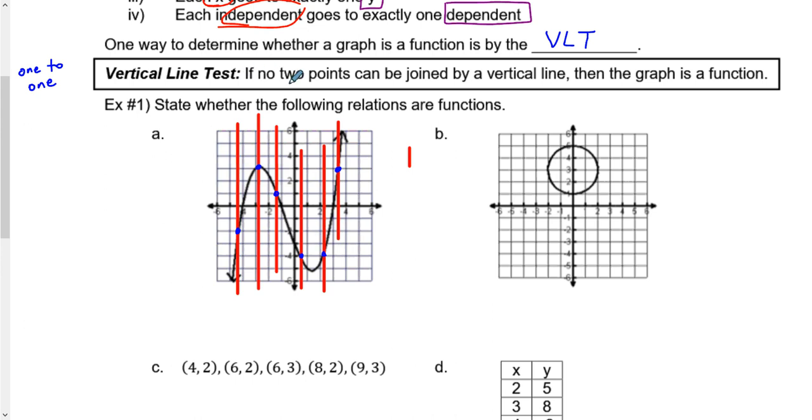So it's if no 2 points. If only 1 point touches the graph, it passes the vertical line test.